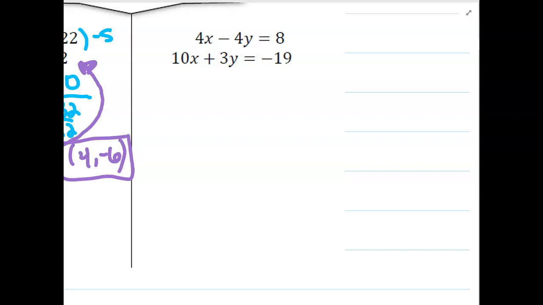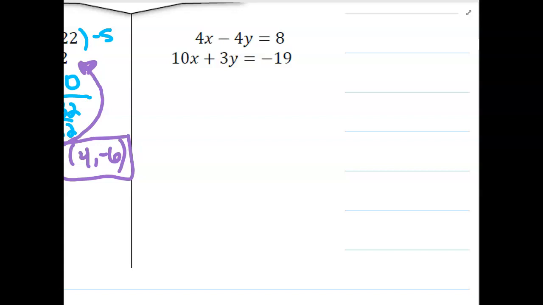So if I'm going to cancel out the y's, I need them to be opposite numbers. Remember, like a positive 5 and a negative 5, a positive 10 and a negative 10. So I'm looking at negative 4 and a positive 3. What I need to find is a number that I can turn a 4 and 3 both into using multiplication.